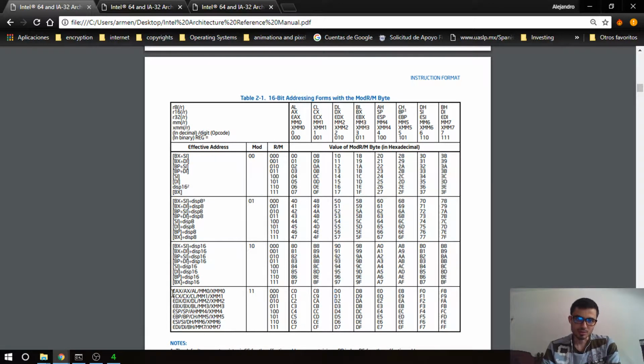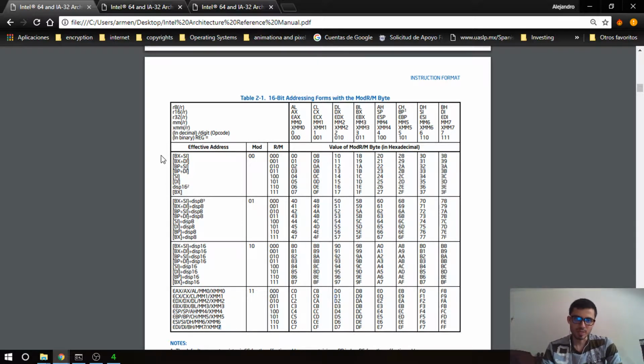And if you remember, the first three of the mod combinations display the addressing modes, and the last 8 combinations display register modes, which are these ones.